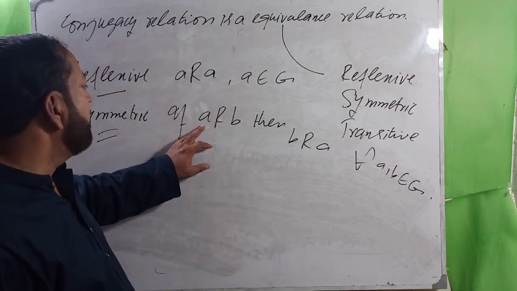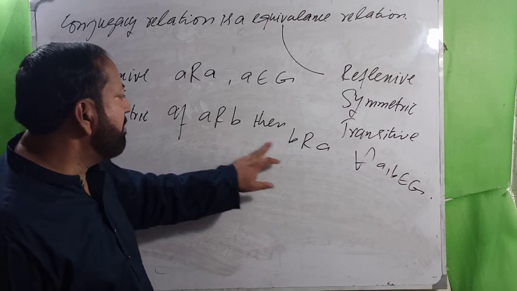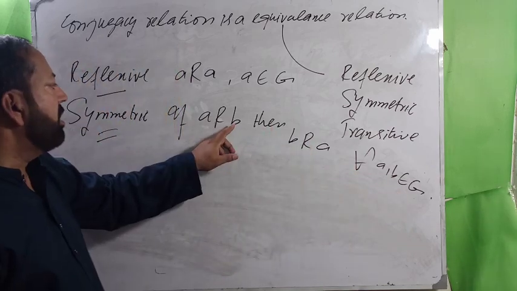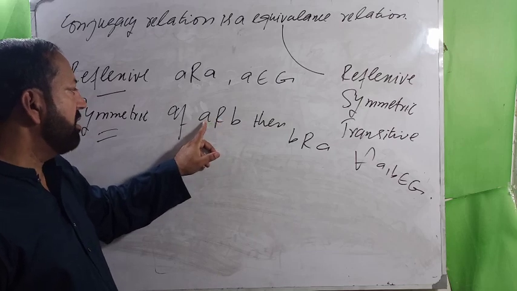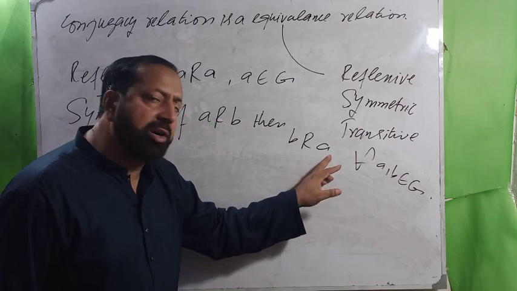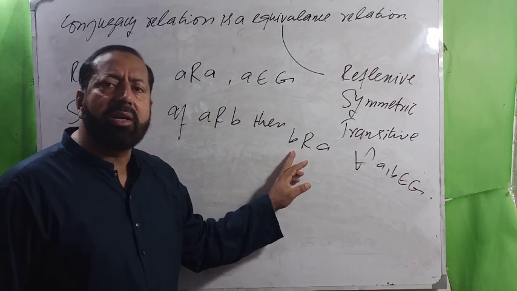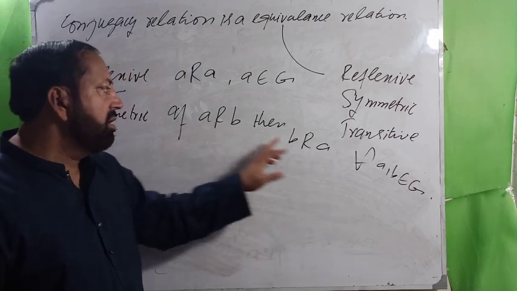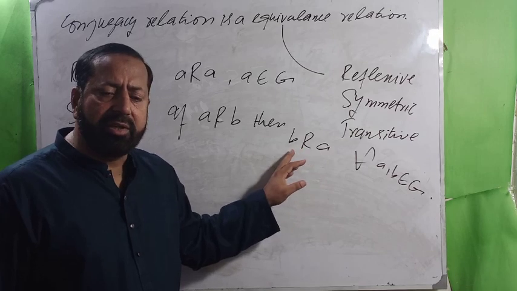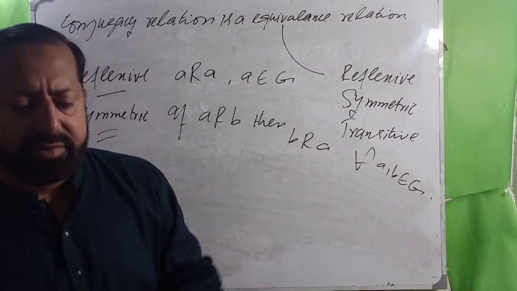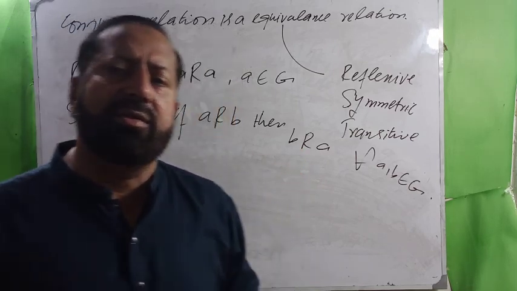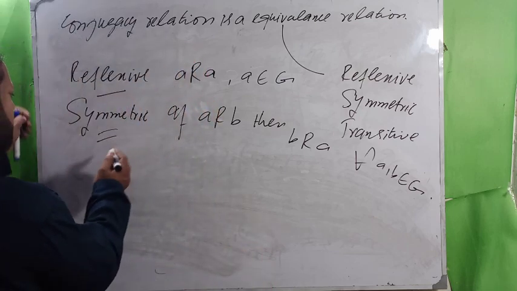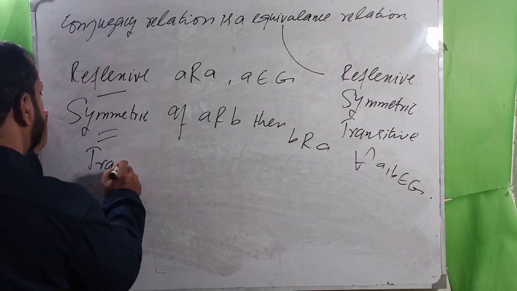And secondly, if A is related to B, then B is related to A for all A, B belonging to G. This means that in our language, if B is conjugate to A, then of course A should be conjugate to B. Whenever B is conjugate to A, then A must be conjugate to B. And thirdly is transitive.